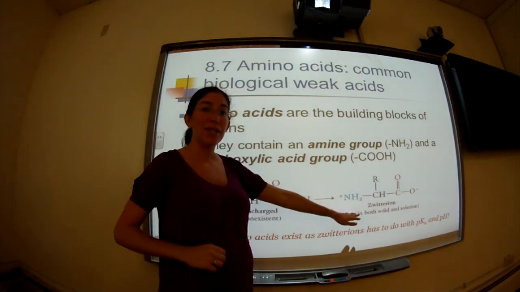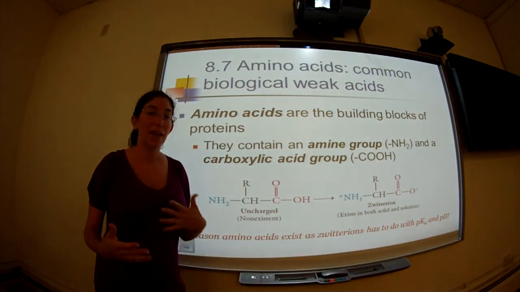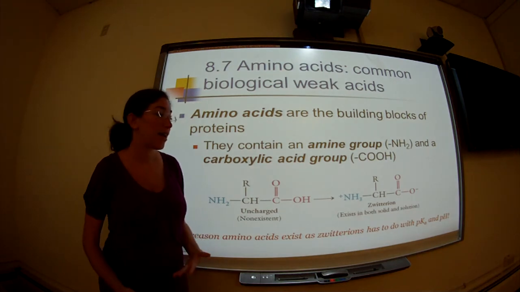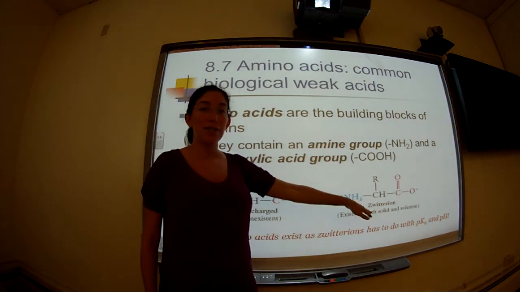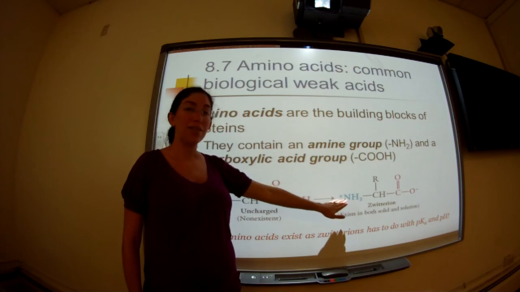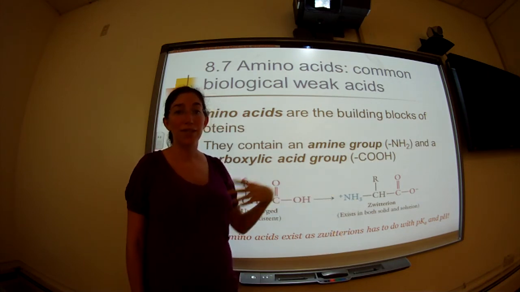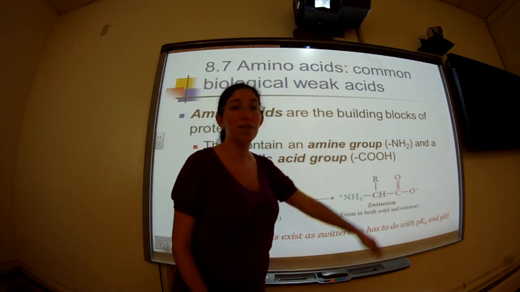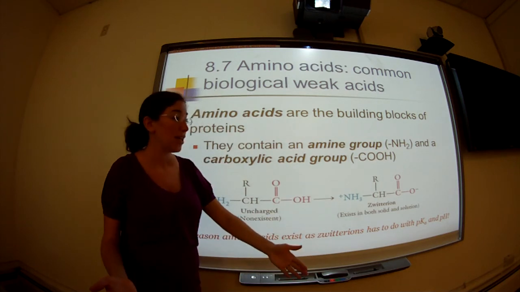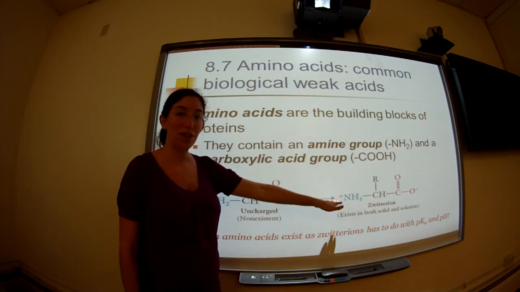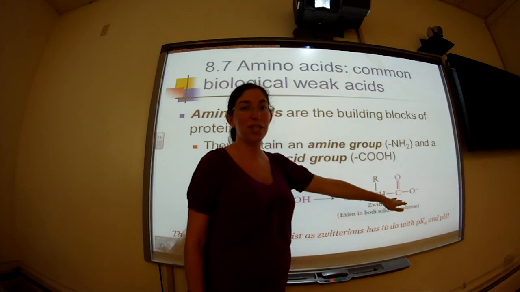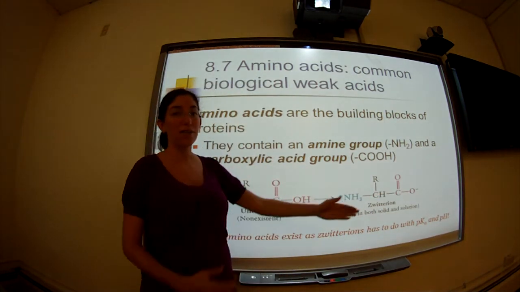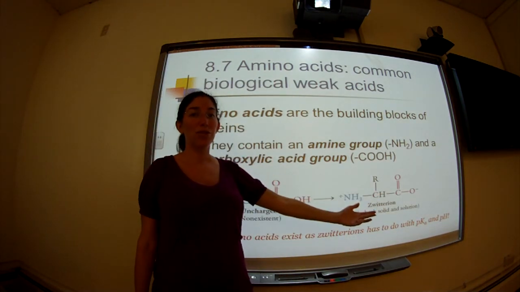More commonly in physiological settings, like in our body, in our cells, amino acids are in this form. The base group is protonated, it has accepted a proton, and the acid group has donated a proton. And since it has a positive charge on one end and a negative charge on the other end, overall this amino acid has a neutral charge.